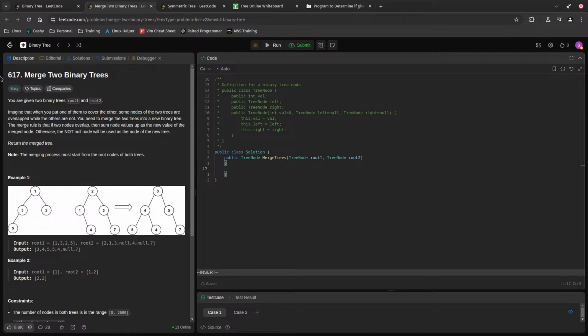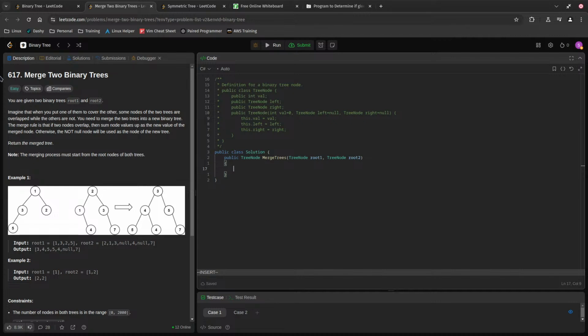Merge two binary trees. We're given two binary trees, root 1 and root 2. Imagine that when you put one of them to cover the other, some nodes of the two trees are overlapped, while the others are not. You need to merge the two trees into a binary tree.